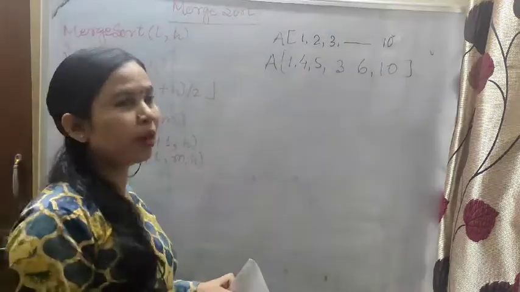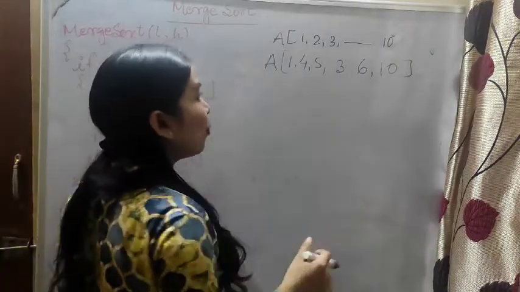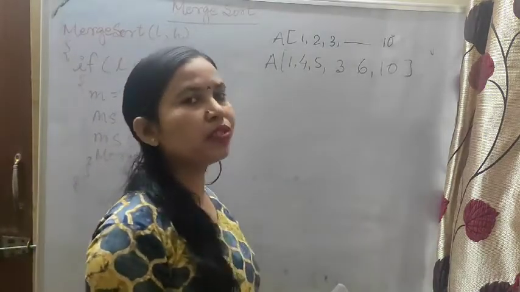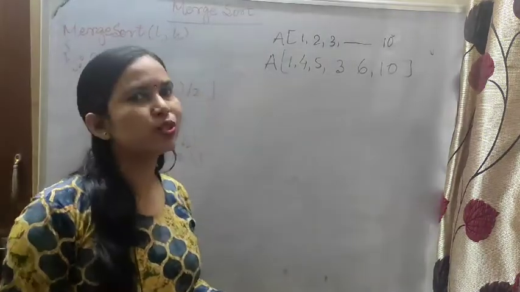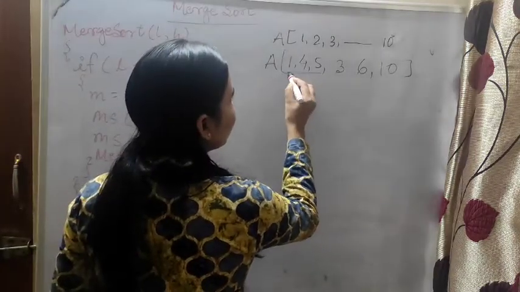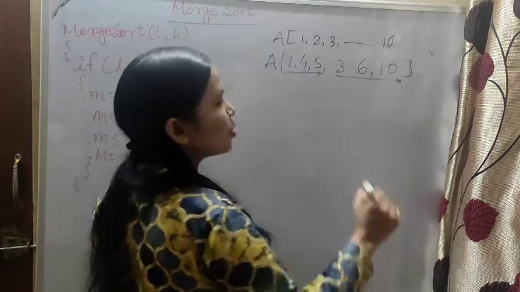Then how do we merge these array elements? Merging means first you sort the array and afterwards you merge it. See, this is one sorted array and that one is another sorted array.